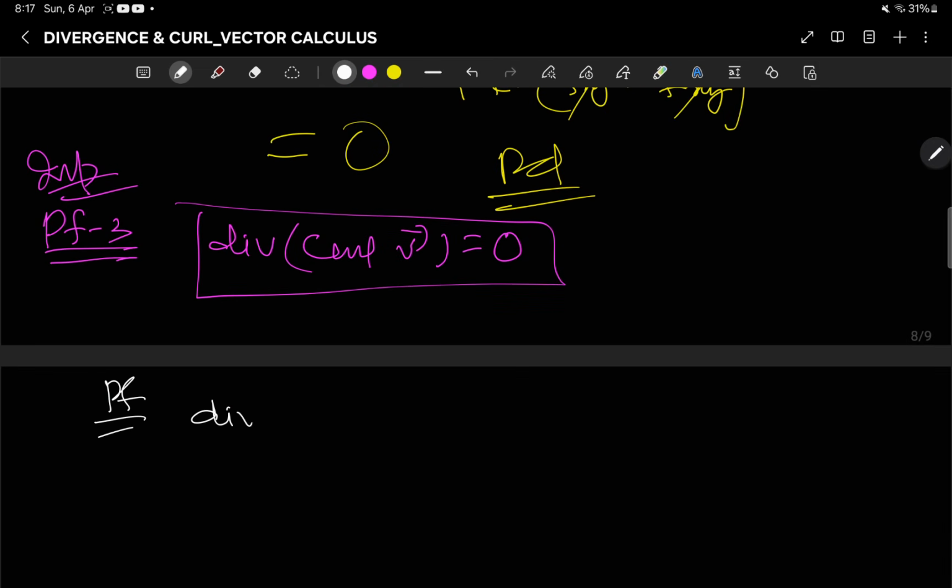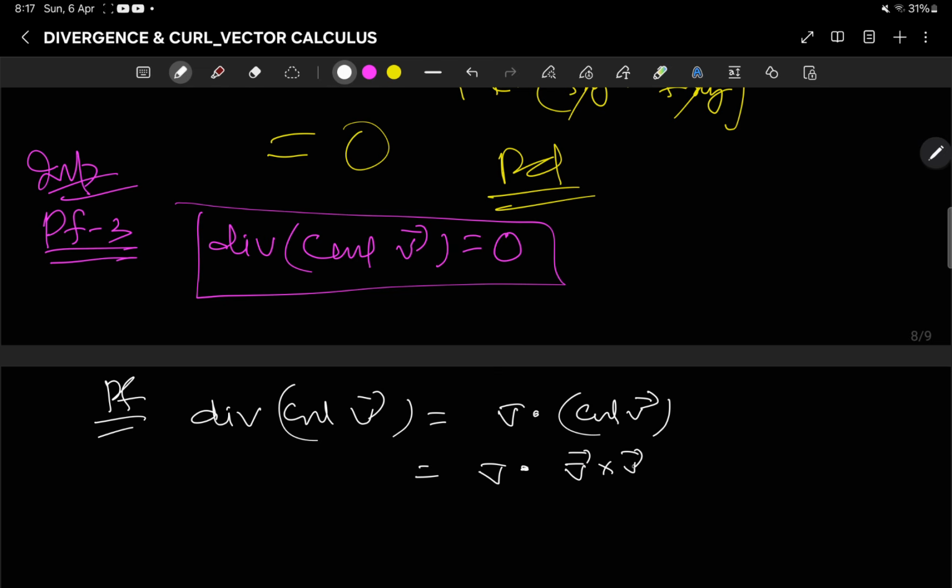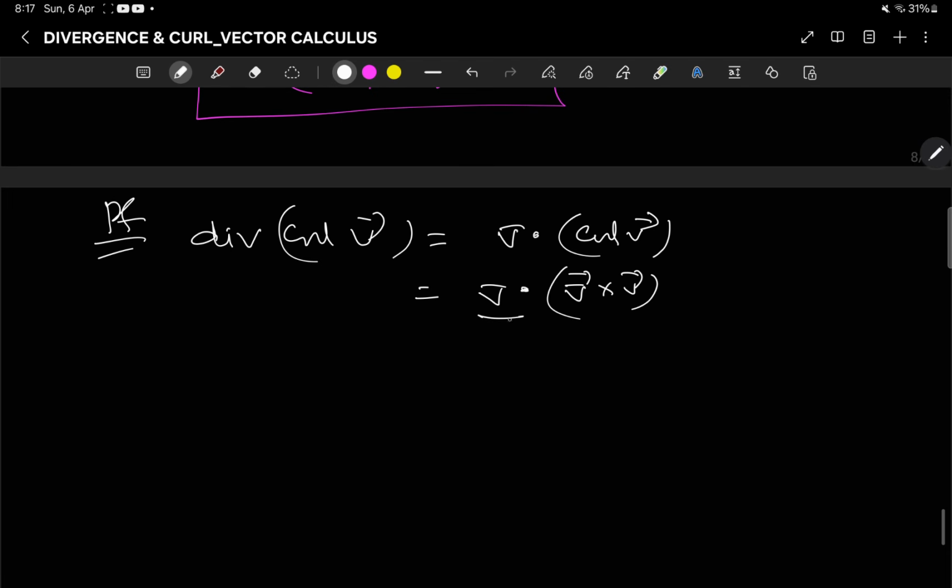Here div of curl v is equal to, you can write del dot, here curl v, you can write it del dot del cross v. So by properties of divergence, you can write it as summation of i cap dot del by del x of del cross v.